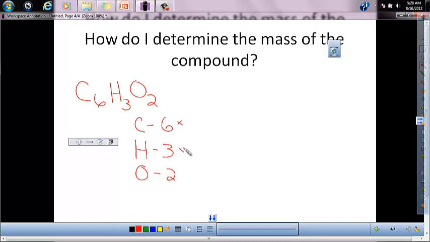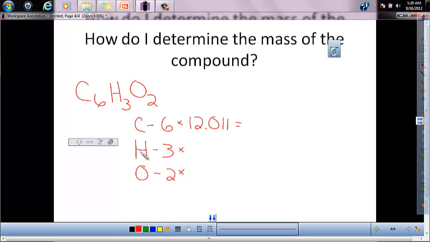Now you're going to multiply that by the mass of the actual element itself. So look on your periodic table, find carbon. Did you find it? Alright, so if you look at carbon, the bottom number under carbon, that's the mass of carbon. 12.011.